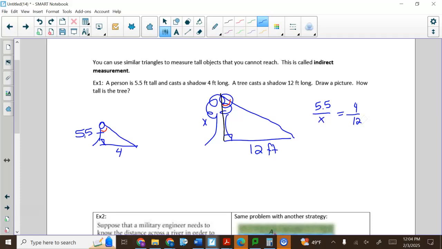So if we do that, 12 times 5.5 would be 66 equals 4x. Then I can divide by 4 to get the height of the tree to be 16.5 feet.